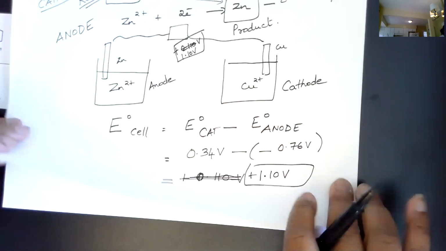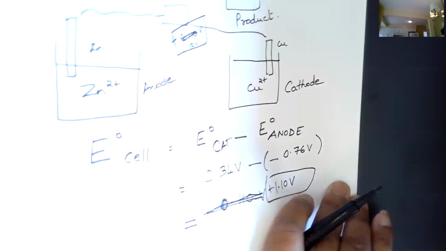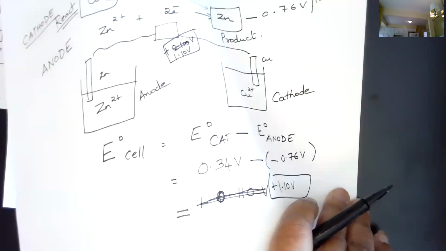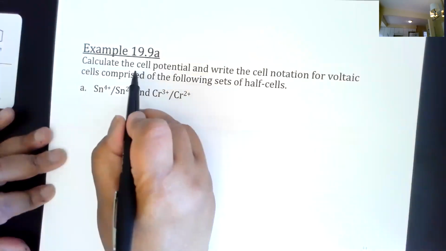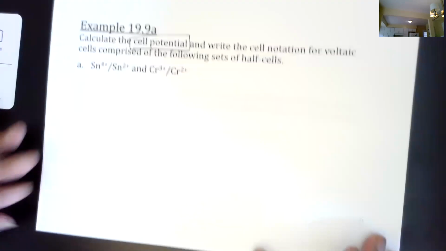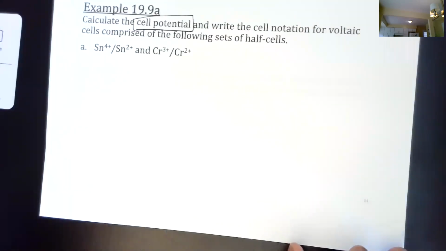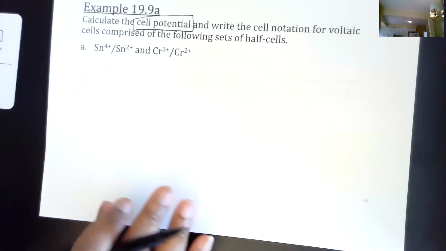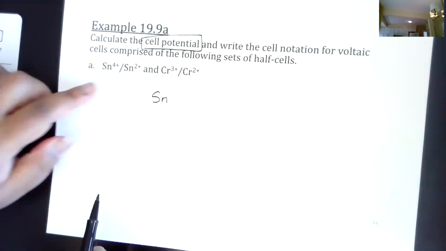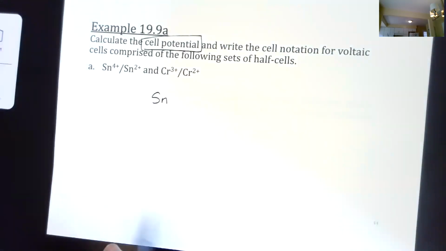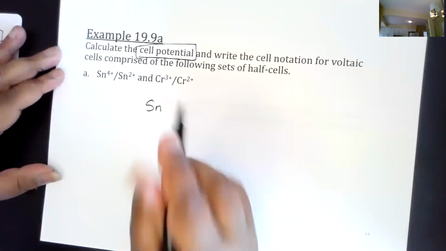I have an example here. Let me try this. First, I would like the cell potential. I'm going to do one example: Sn4 plus / Sn2 plus. How will you write that as a half reaction?